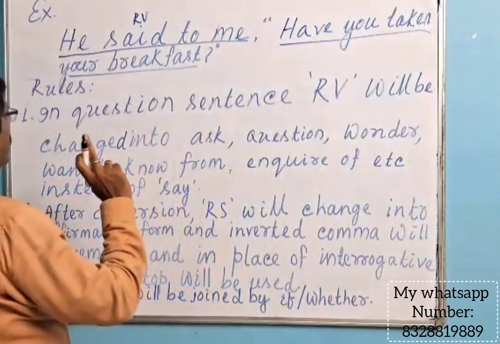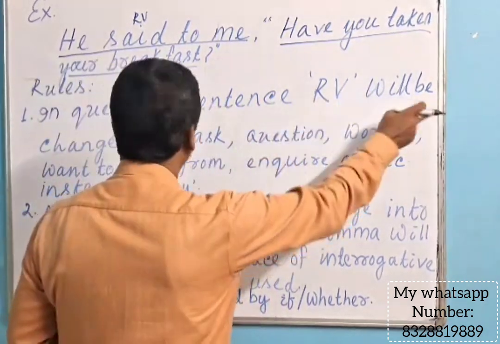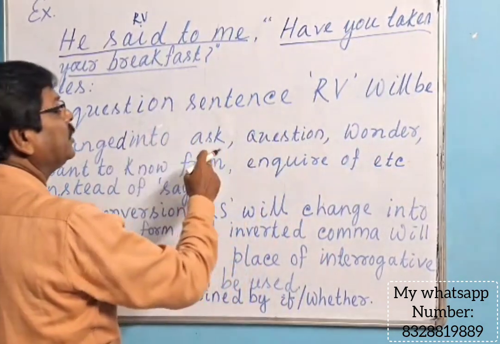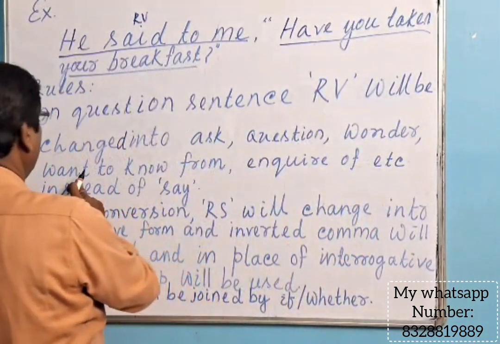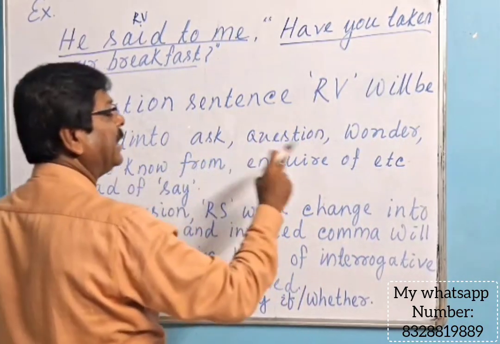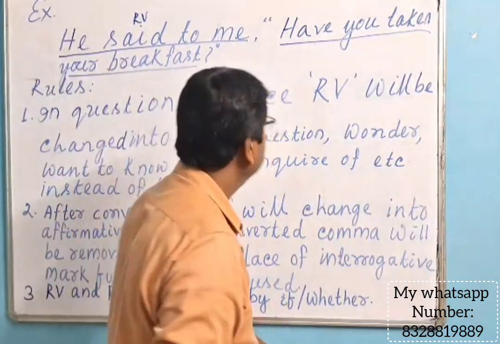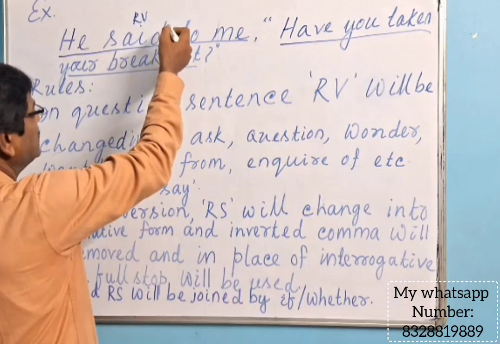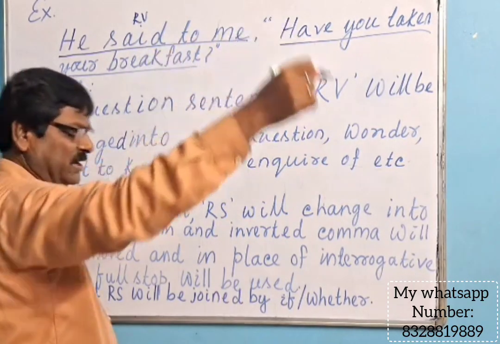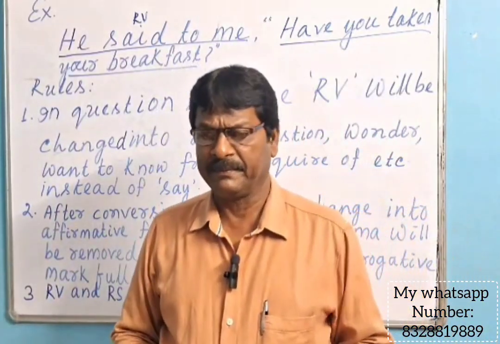So point number one, or rule number one: in a question sentence, RV will be changed into ask, question, wonder, want to know from, inquire of, etc., instead of say. This RV may be say, will say, says, or said. In different tenses it may remain.